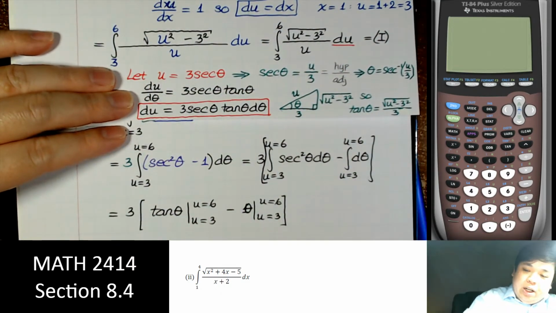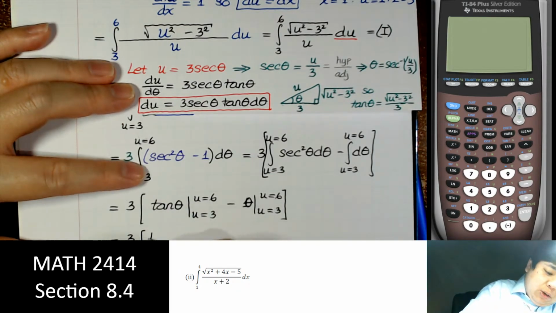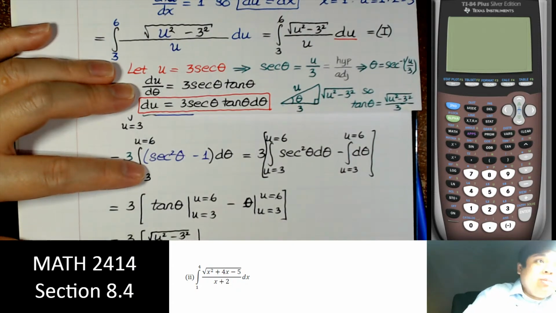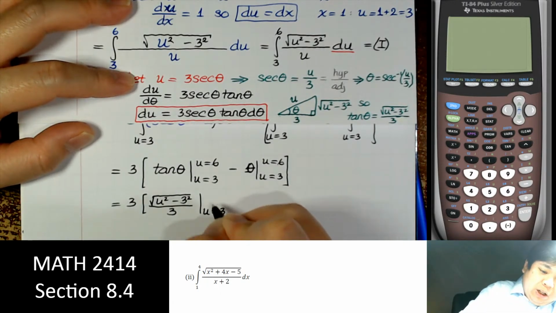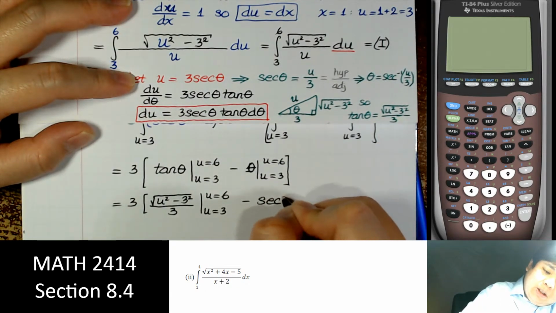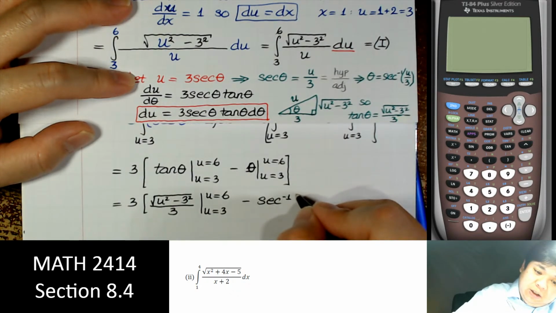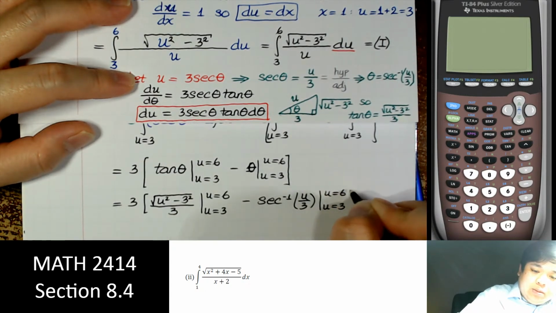So put those two into here, and we have 3 times the tangent, which is the square root of u squared minus 3 squared over 3, and then u equal to 3 to u equal to 6, and theta is secant inverse of u over 3 from 3 to 6.